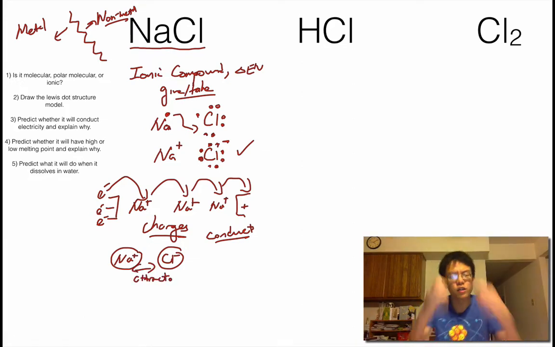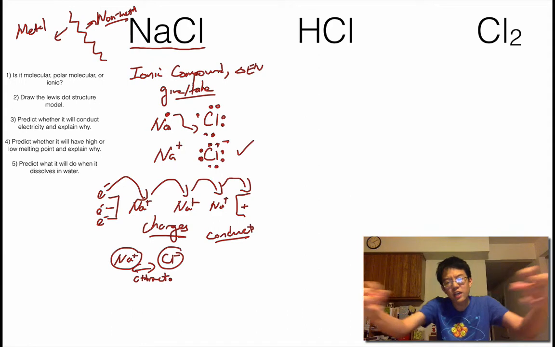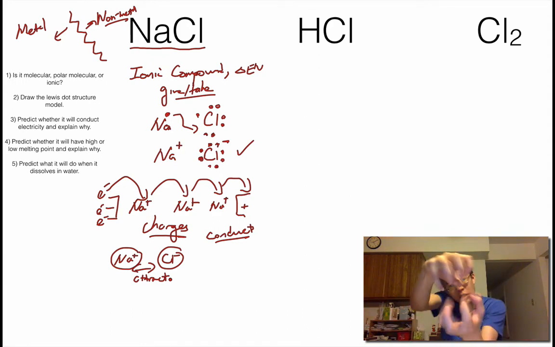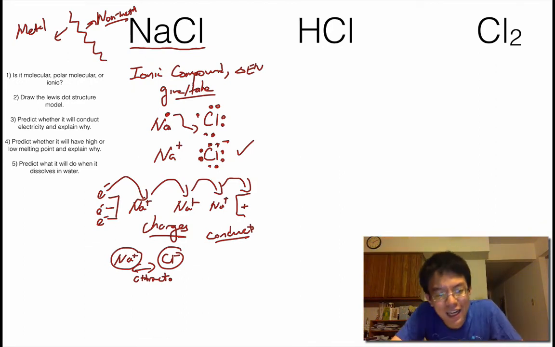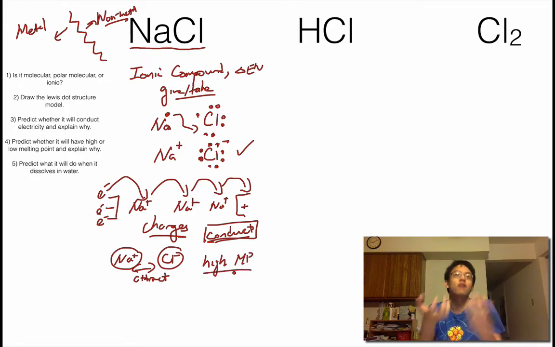And if they attract to each other, if I try to take them apart, it's going to be difficult because they're attracted because of the opposite charges. I'm trying to pull them apart, and I'm not able to do so. So in addition to conducting, which I figured out, they also have high melting points, because high melting points means it takes a lot of energy to melt them, and they're very hard to pull apart.